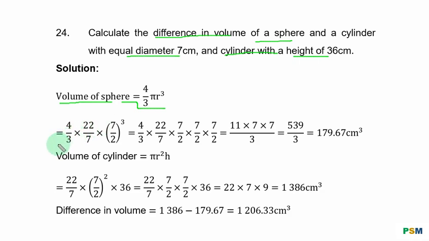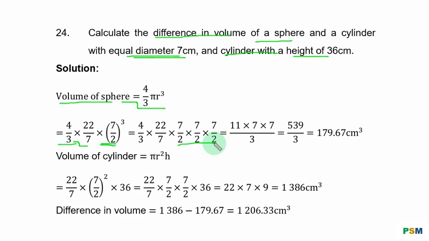You have 4/3 times 22/7. We are given diameter. We need radius, which is diameter divided by 2 in this form to the power of 3. You express this term in this form.